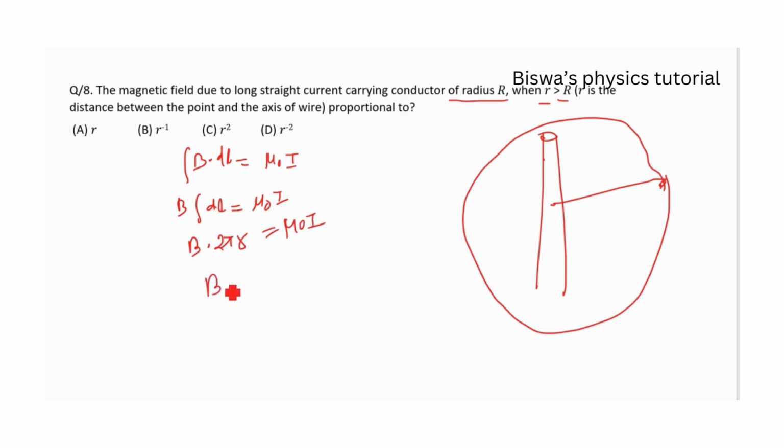So now B becomes mu 0 I by 2 pi r. So we can say B is proportional to 1 by r. So this is our relation, and option B is correct.